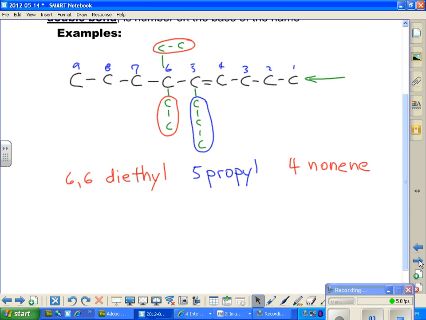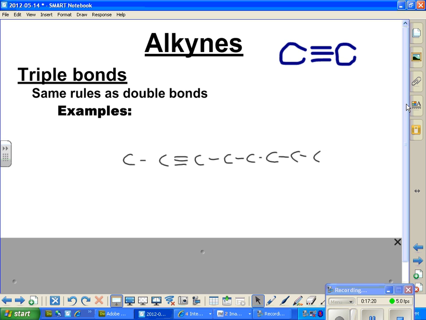The next ones we have to deal with are the ynes, and they all end in Y-N-E instead of A-N-E, with the same rules as the double bonds. So our number 1 carbon for this one is over here, because I have to go in 2 to get to the triple bond.